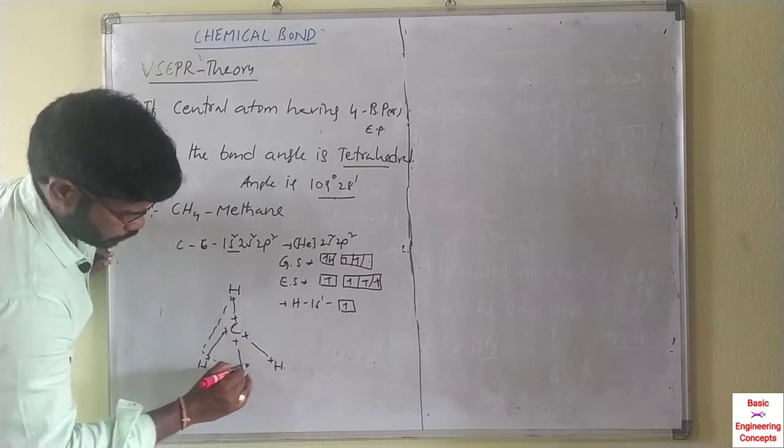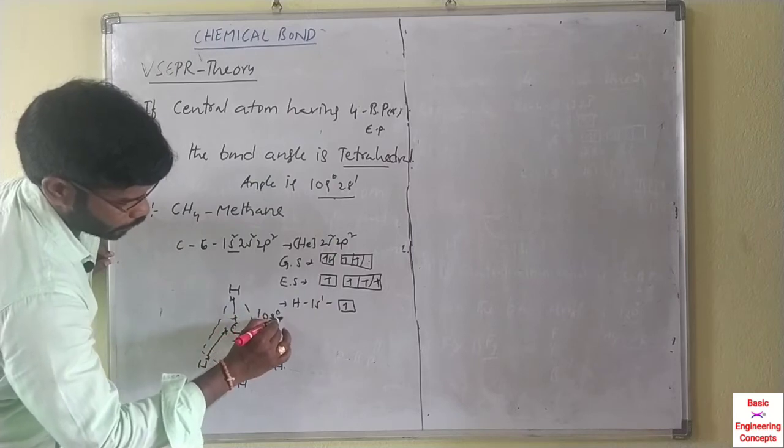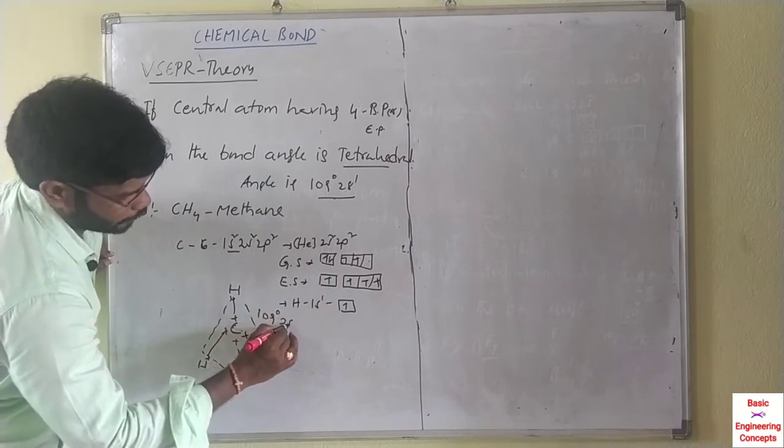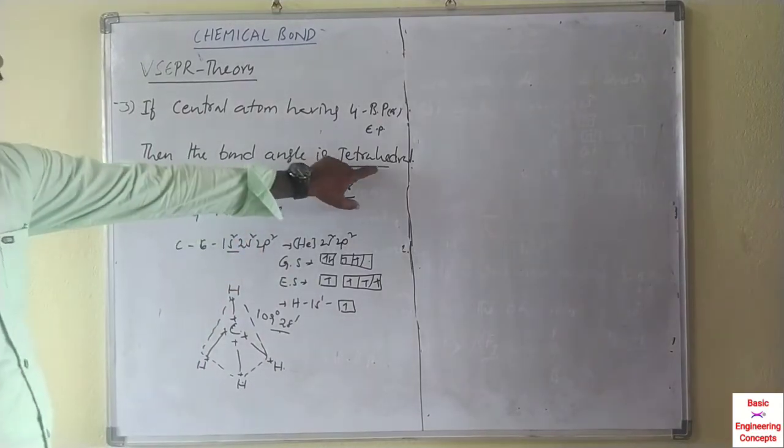This is the tetrahedral structure. The bond angle will be 109 degrees 28 minutes. The structure is tetrahedral.